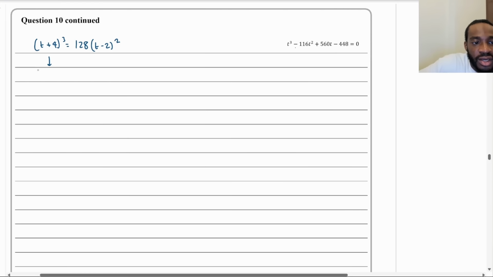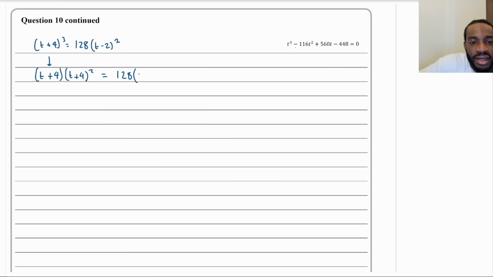I'm gonna just do t plus 4, and then I'm gonna write this as t plus 4 all squared, like that. And then this is going to equal 128 multiplied by, if I expand that, that'll be t squared minus 4t plus 4, isn't it? And then this one, this is going to be t plus 4. And then that one will be t squared plus 8t plus 16.